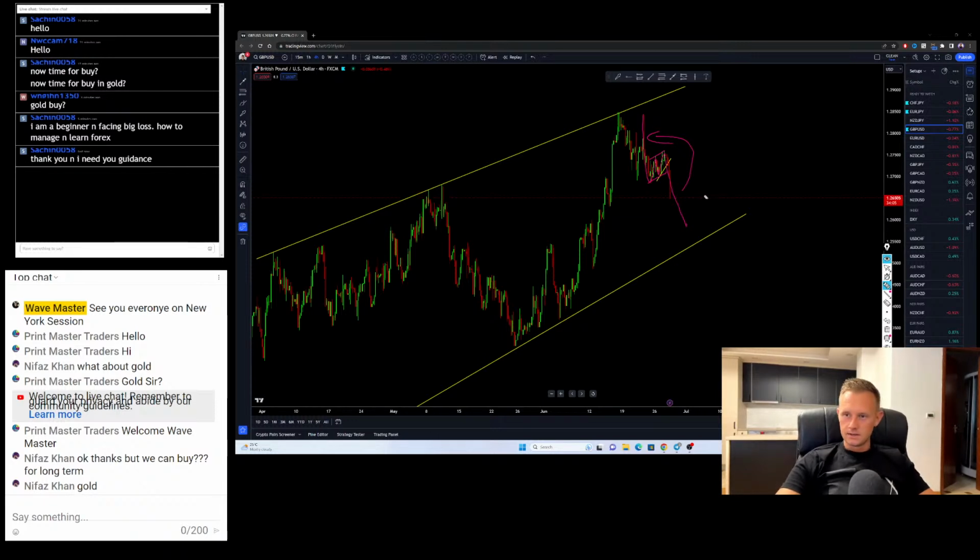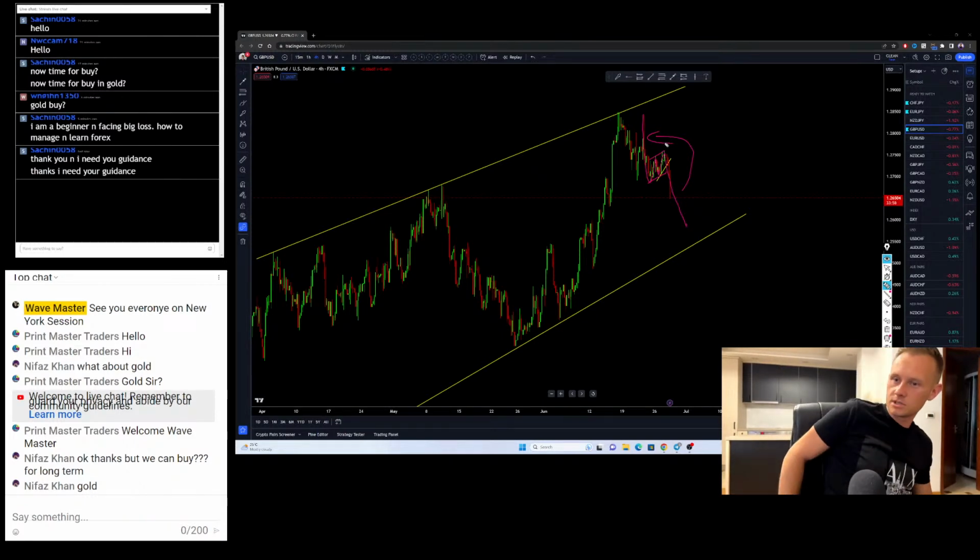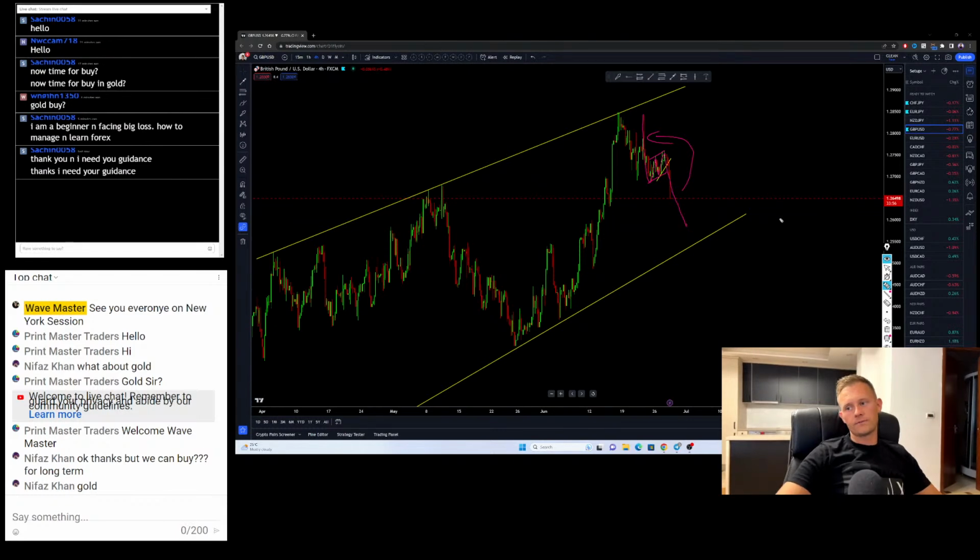This is the basic concept of my strategy. I'm always following impulsive and corrective structures. I search for the impulse, I wait for the corrective structure, and then I prepare my risk management, prepare my entry rules, and then I get into the trade. Easy. This is what you have to understand pretty well.